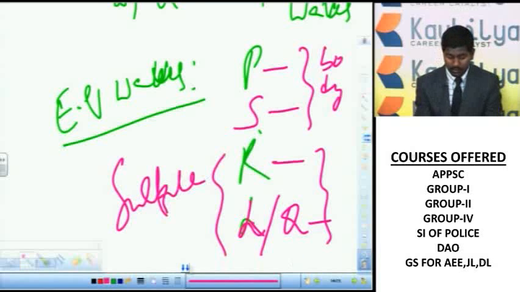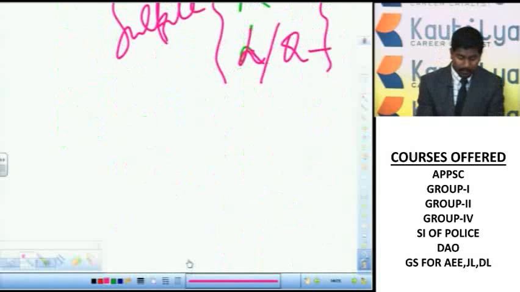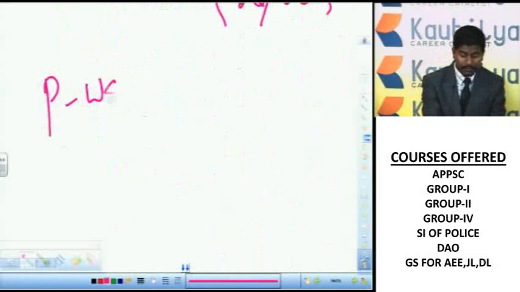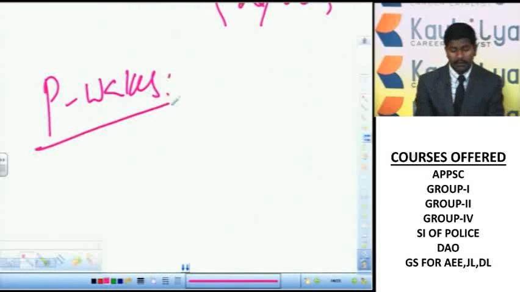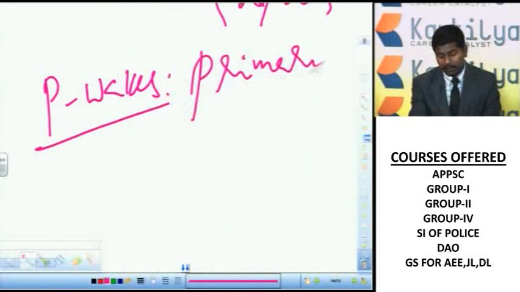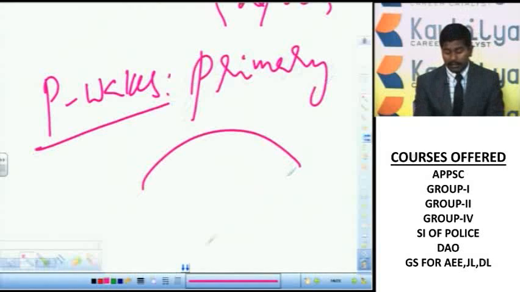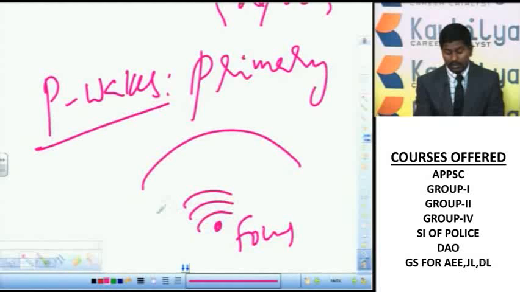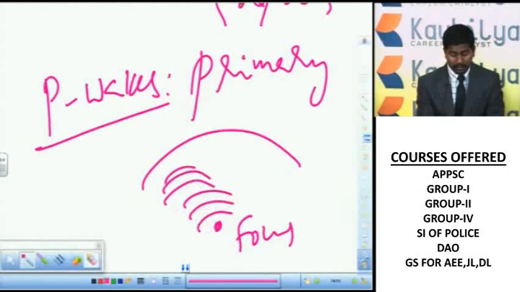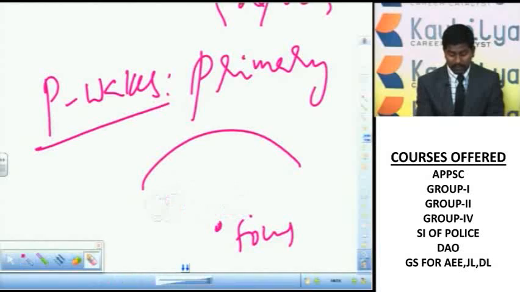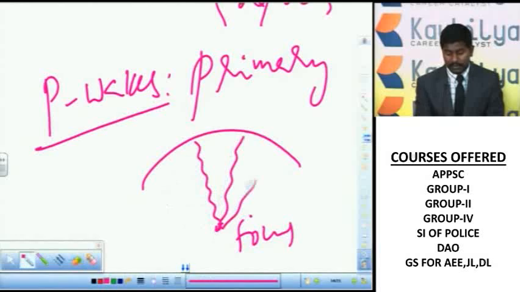First coming to the P waves. Now P waves means primary waves. The waves which start from the focus and travel from the focus towards the epicenter for the first time are called primary waves.